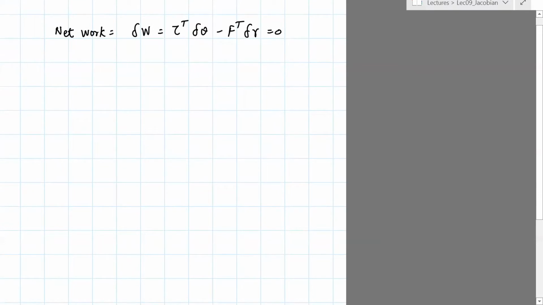So then we have tau transpose d theta equals f transpose dr. We'll divide throughout by d theta. So we have tau transpose equals f transpose dr d theta.